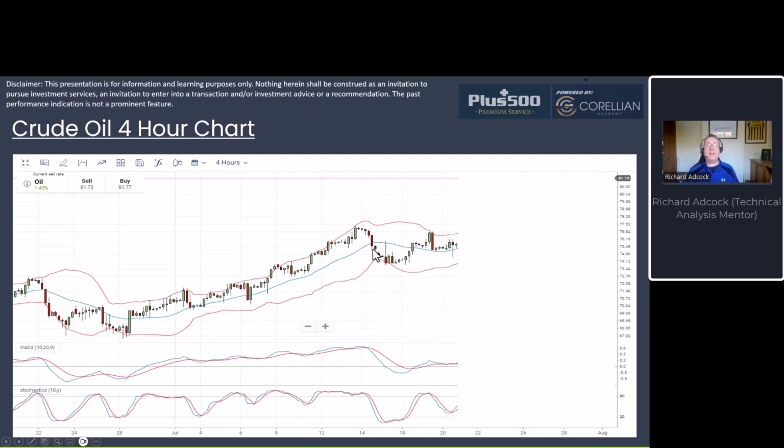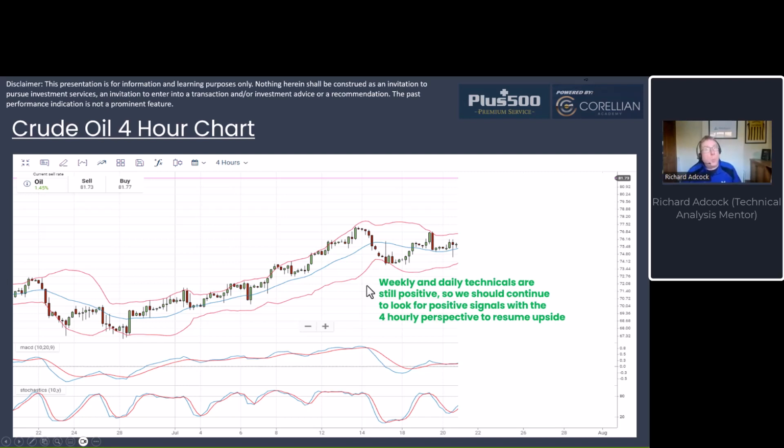So another reason not to want to be active within the market at this time. So the market then, having broken below the mid-average, enters into another consolidation period. And the weekly, and this is the important point to stress, the weekly and daily perspectives were still positive. We hadn't seen any change within the bullish outlook for the daily and weekly views. So we're still looking for positive signals within the 4-hourly perspective to re-enter longs.